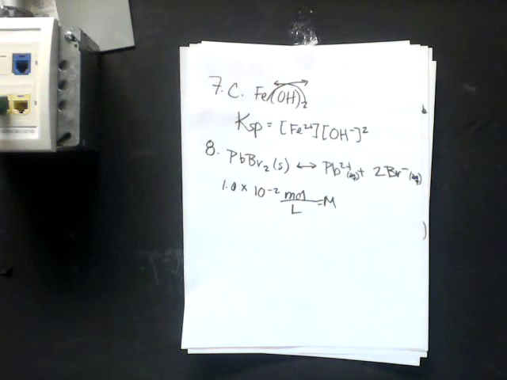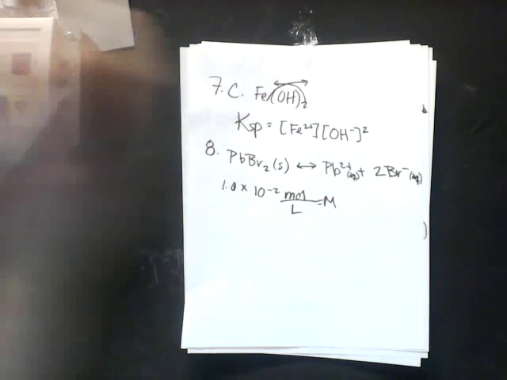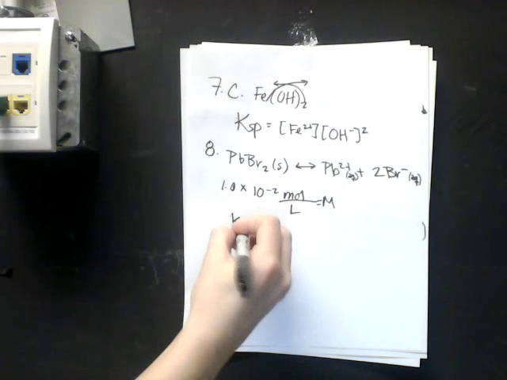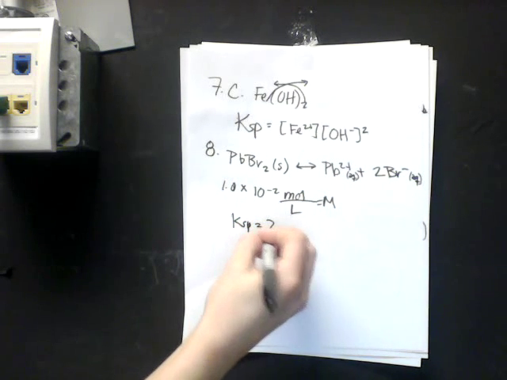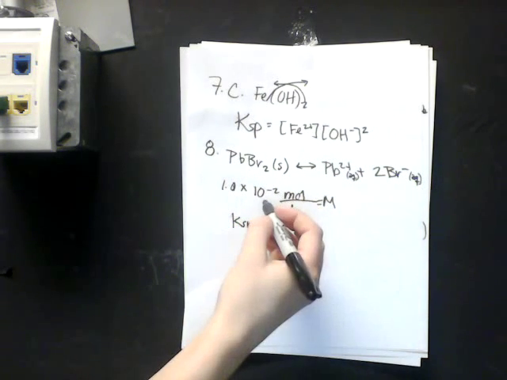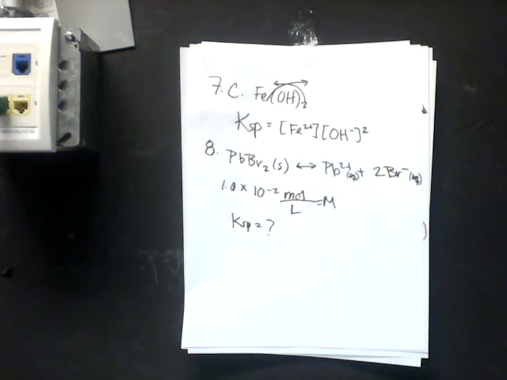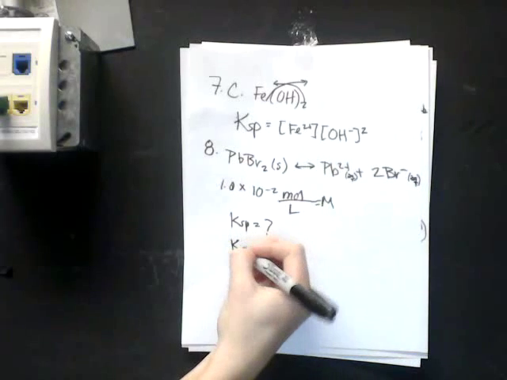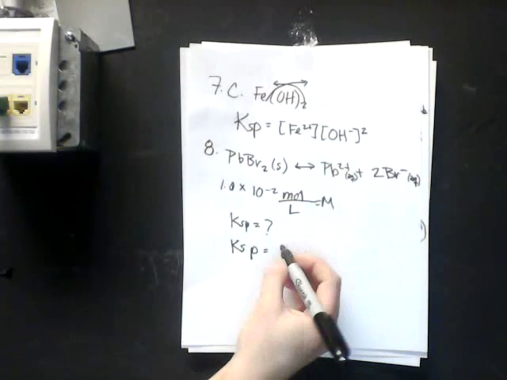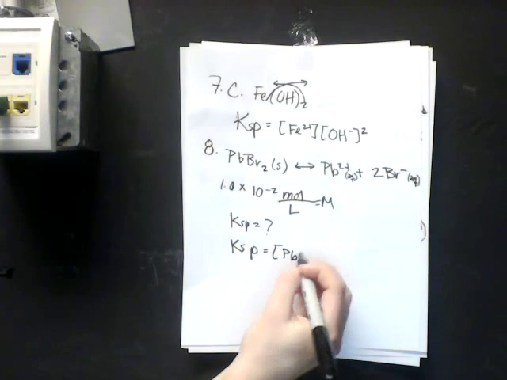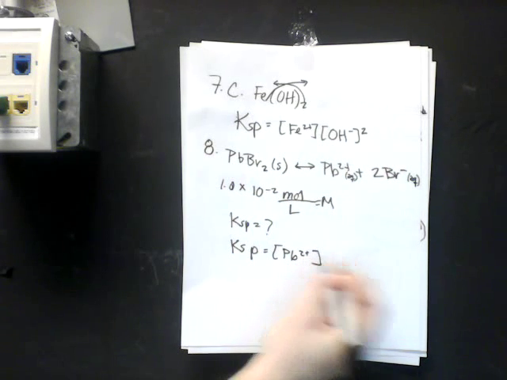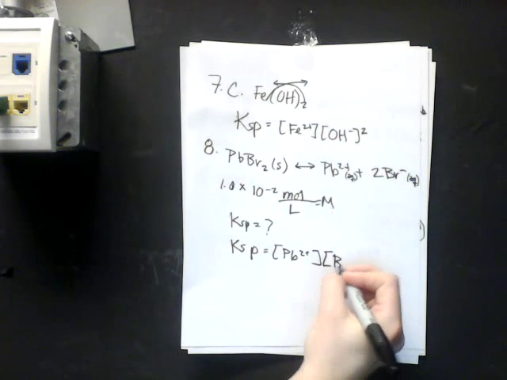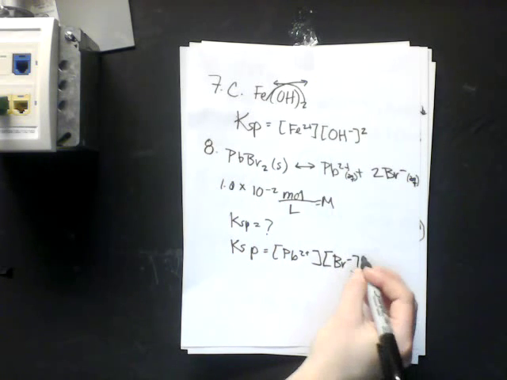It's called molar solubility. It's telling me my molar solubility. What is the Ksp? This is a pretty self-explanatory question. They give me molar solubility, a concentration. I should be able to plug into this expression. What's my Ksp? Well, it's just Pb2+ and Br minus squared.